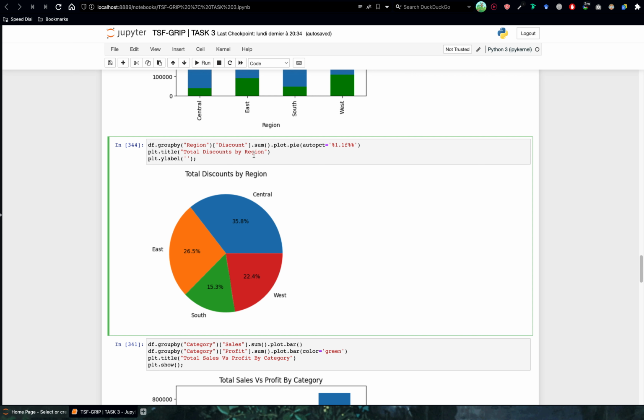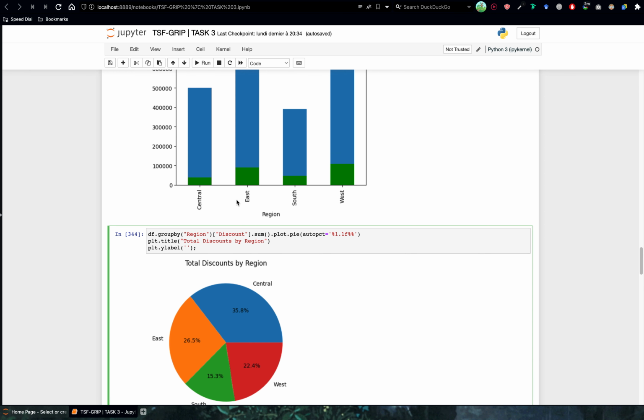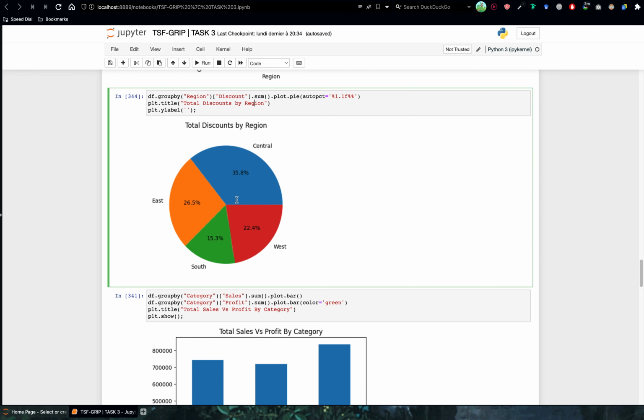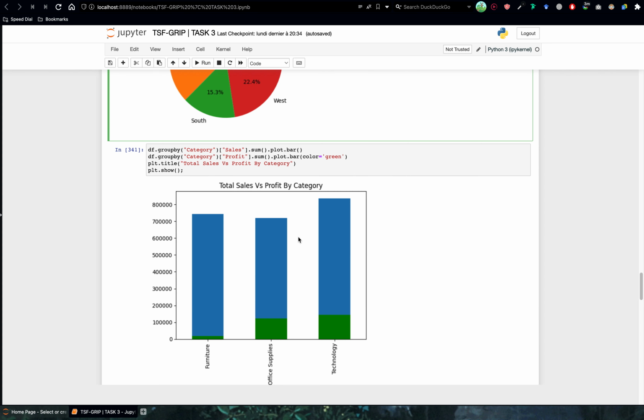The discounts affect the profits and the sales also, and we will see how discount affects them. So we need to remember here that most of our discounts are in the Central region.